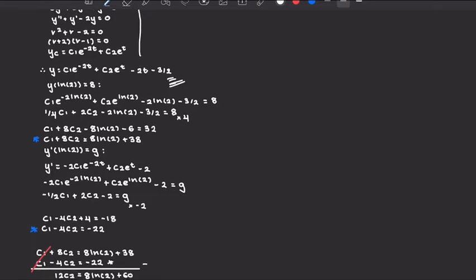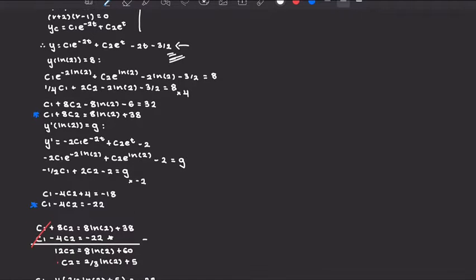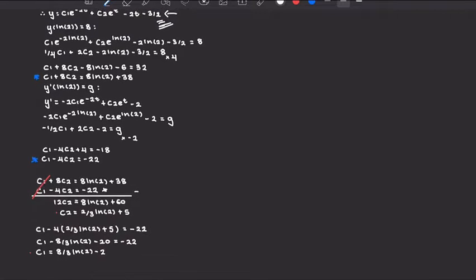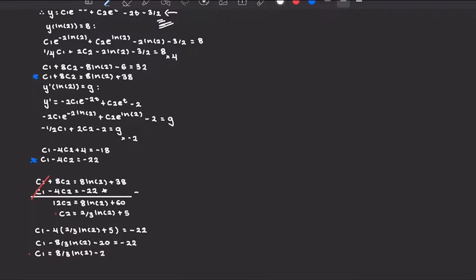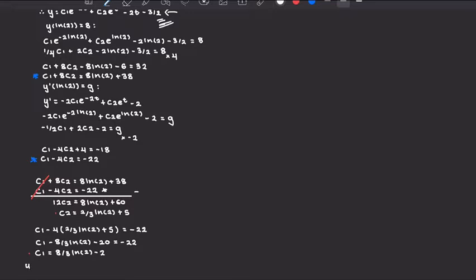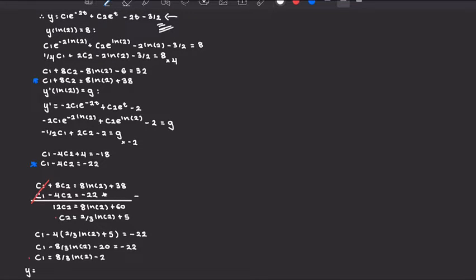And let's go back to our general solution. Where is it? Our general solution is right here. So we're just going to use our C1 and C2 and plug both of them inside our general solution. So our general solution before is y equals C1 times e to the negative 2t. C1 we got 8 over 3 ln 2 minus 2. So let's put a bracket around here. Minus 2 times e to the negative 2t plus C2.